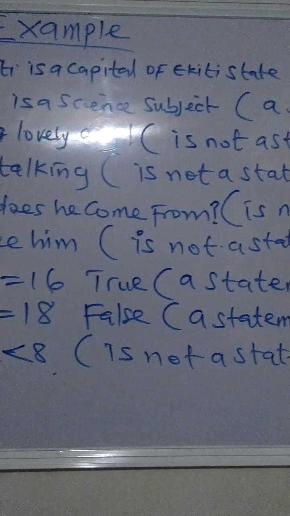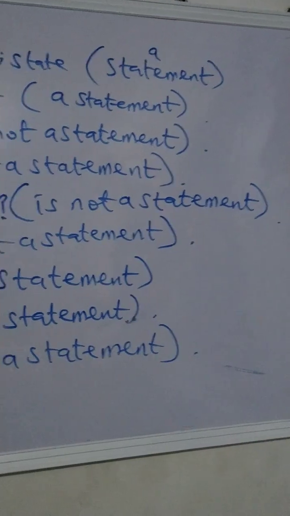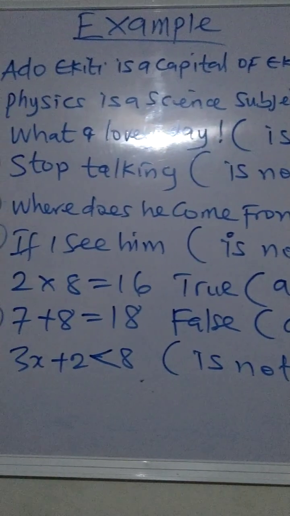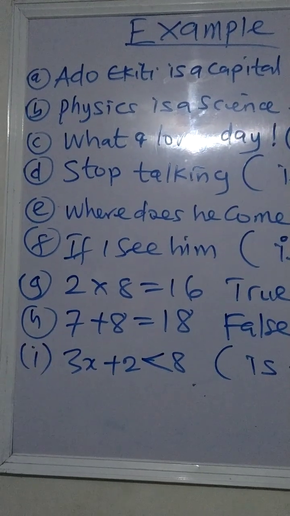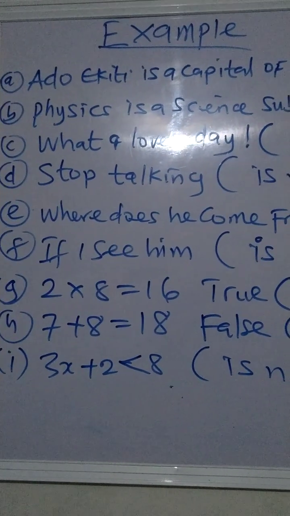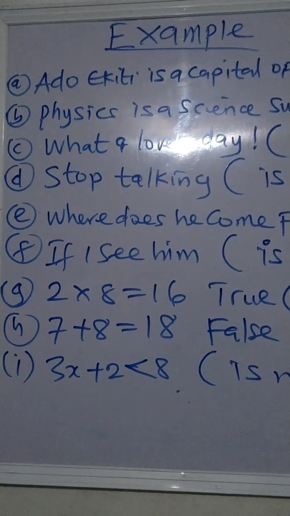All right, I want you to follow me very carefully, then you will understand better how they arrive at being a statement and not being a statement. But I want you to know a few points: anything exclamation is not a statement.